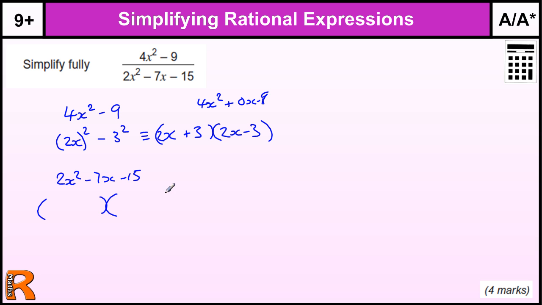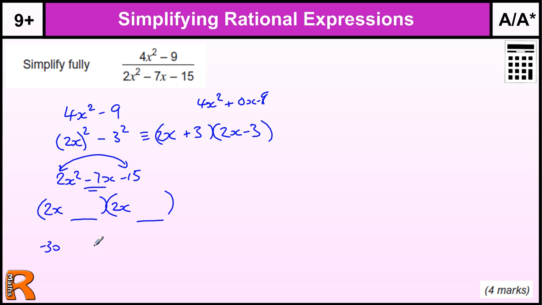So the method is, because it's 2x squared, we just write 2x in the front of each bracket. What we're actually going to do is find factors for 4x squared, so we're going to multiply this through by 2, and then eventually we'll be able to cancel down some of the brackets. Now to find these two bits, we need to do this number times by this number, which is minus 30, and that's the thing we find the factors for, but we still make them add up to minus 7.